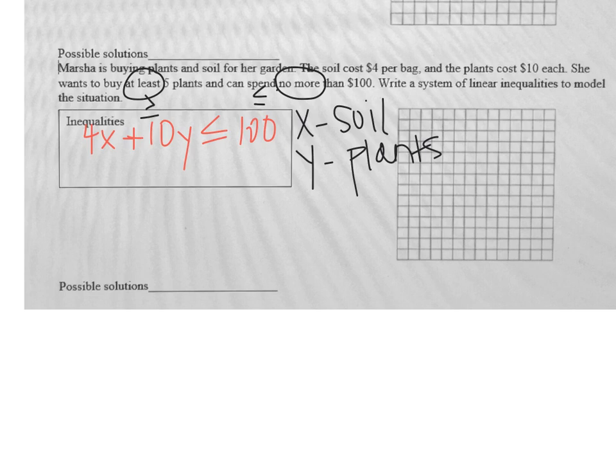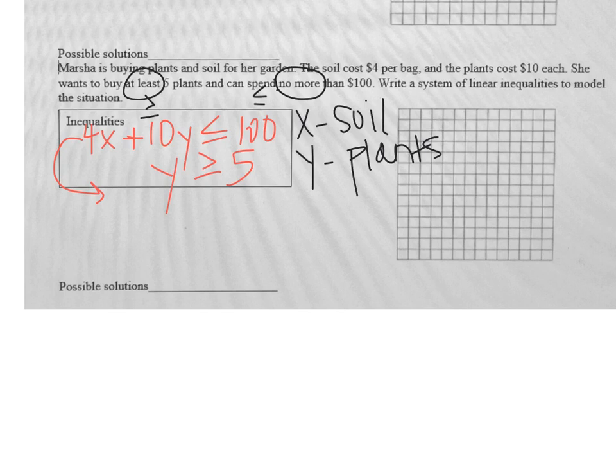All right. Moving along, we want at least 5 plants. So Marcia wants at least 5 plants. So the number of plants, y, greater than or equal to 5. Okay. Only thing we need to do is put this first inequality in slope-intercept form.